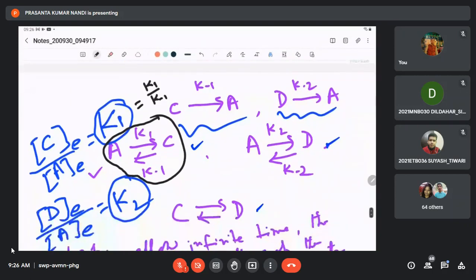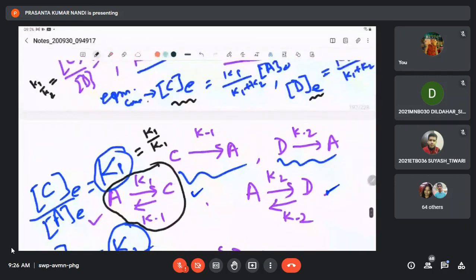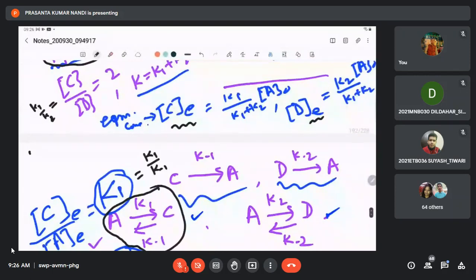So here capital K1 and capital K2 are equilibrium constants for the respective reactions, A to C and A to D. This is for equilibrium reactions.